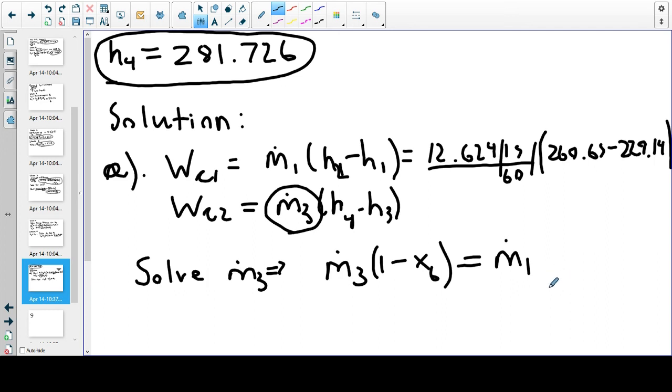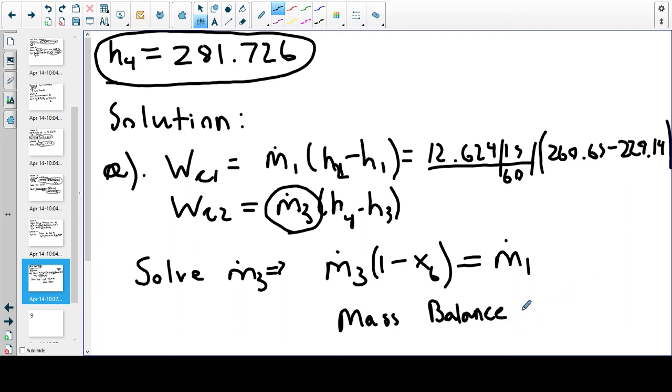This is just me giving an example. Mass flow rate of 3 is 100%. Mass flow rate of 1 is some other percent. Multiplying mass flow rate of 3 by, let's say, 20%, or 0.2, gets you the mass flow rate of 1, which is the mass flow rate dropping down.